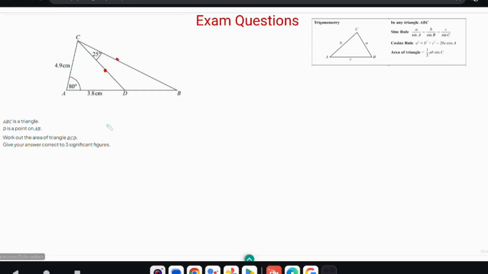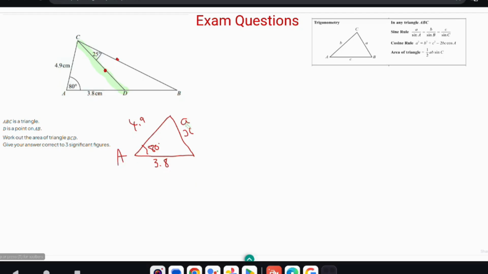So let's get our shared length first. So that's fairly straightforward. So we've got 80, 4.9, 3.8. We've got one opposite pair. We don't have two. Cosine rule.